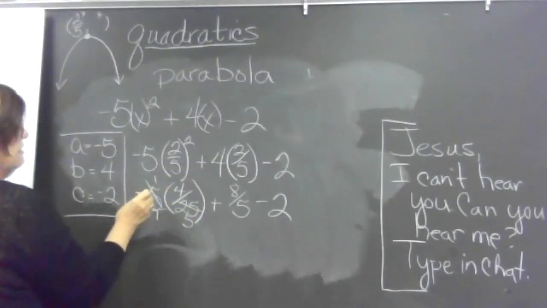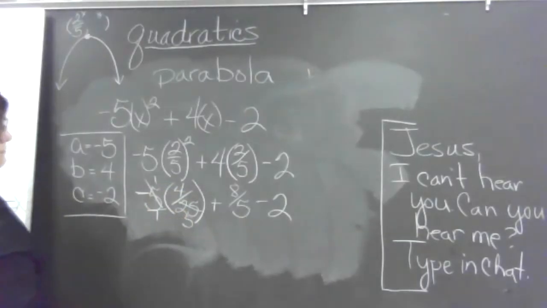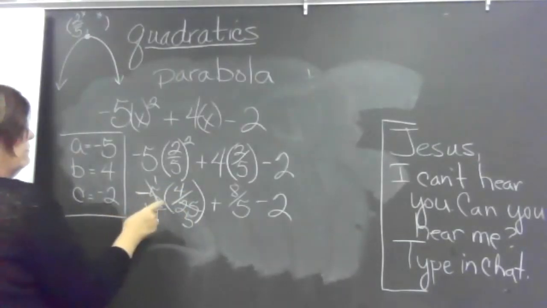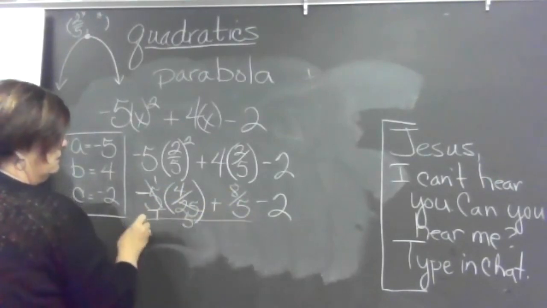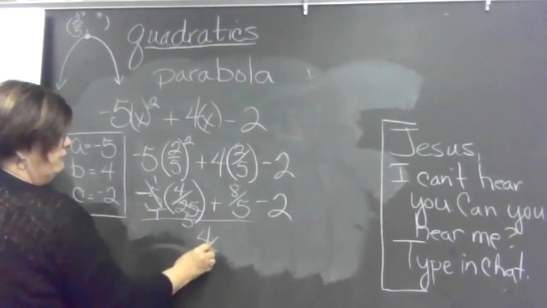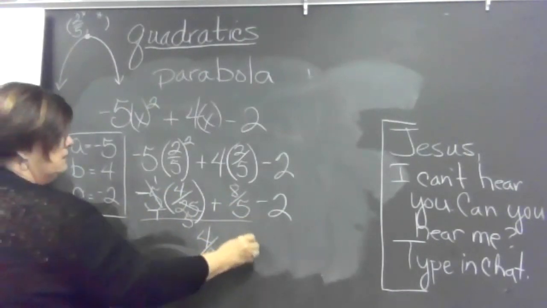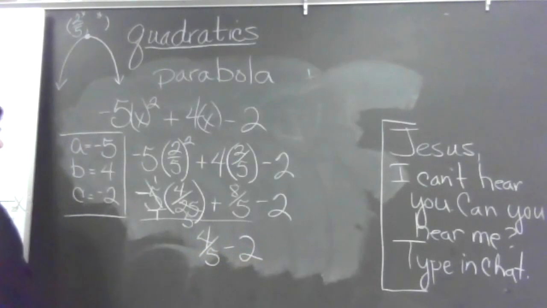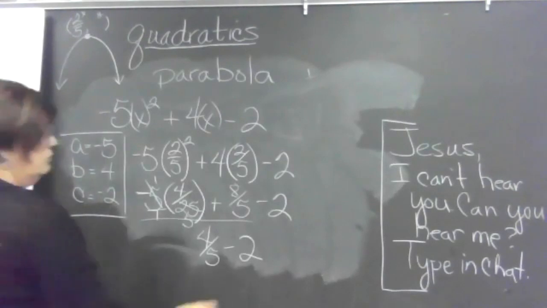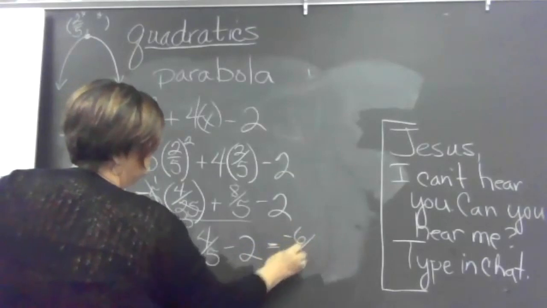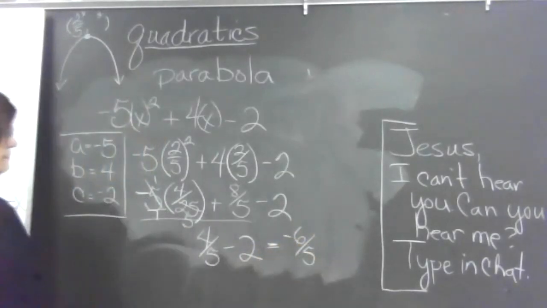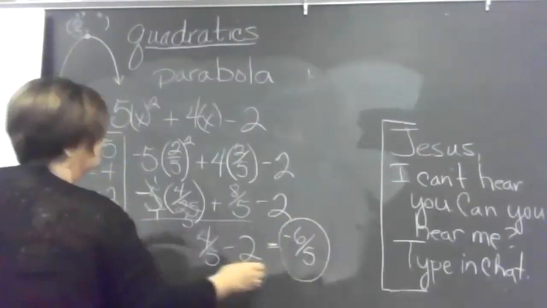So it's negative 4/5 now. Negative 4/5 plus 8/5, a positive 4/5 minus 2. And one more step. Let's see, that'll be 10. So y is going to be negative 6/5. I'm pretty sure. And so that is our y.